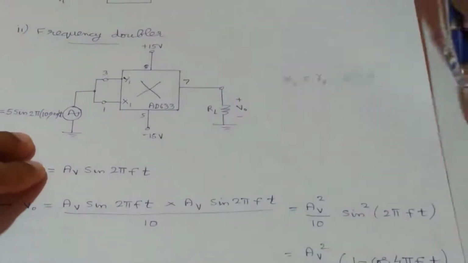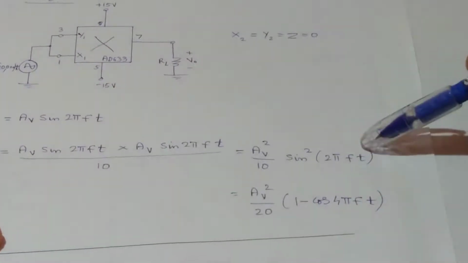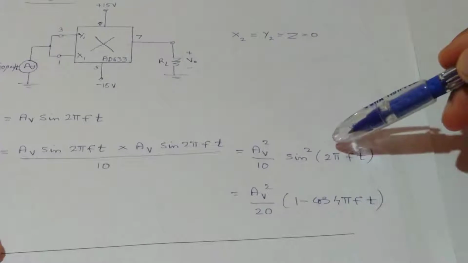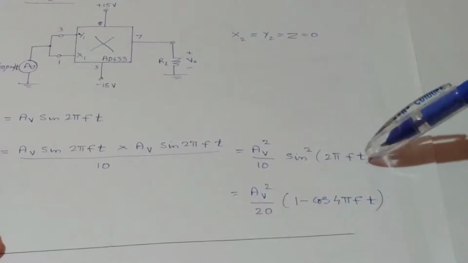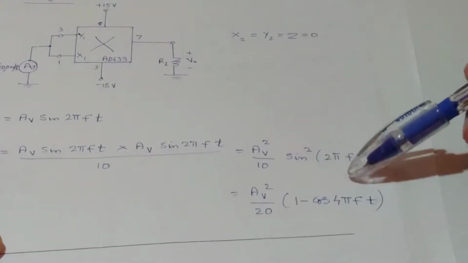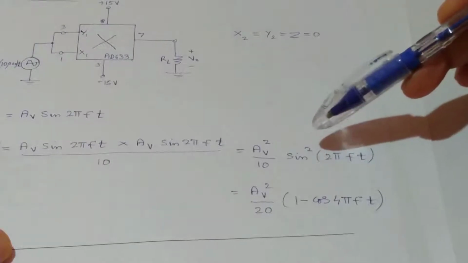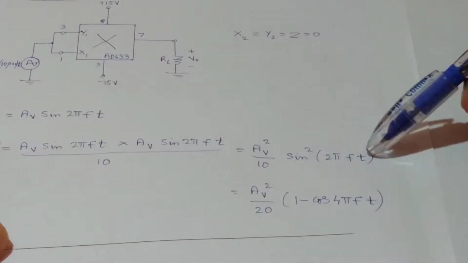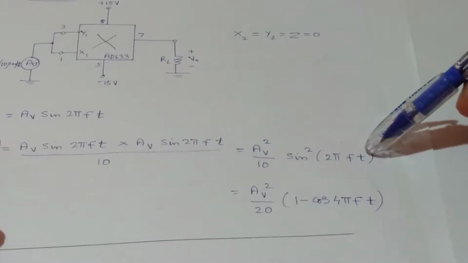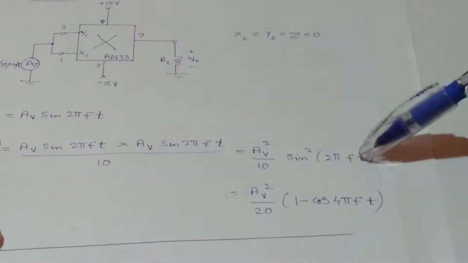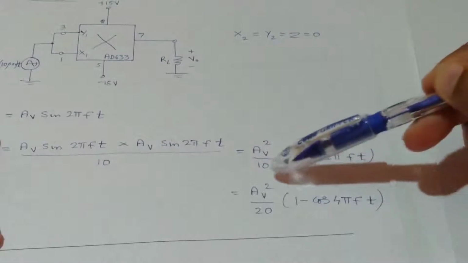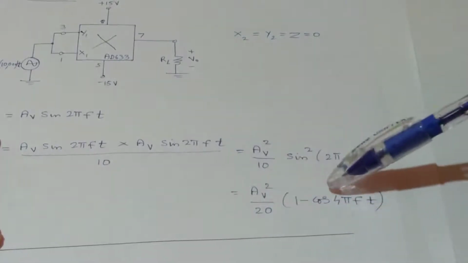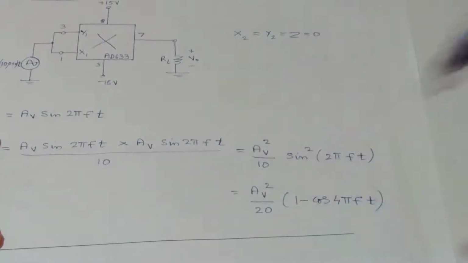Hence we can replace this sine square 2 pi ft as 1 minus cos 4 pi ft divided by 2. Then we can write this as Av square divided by 20 into 1 minus cos 4 pi ft.